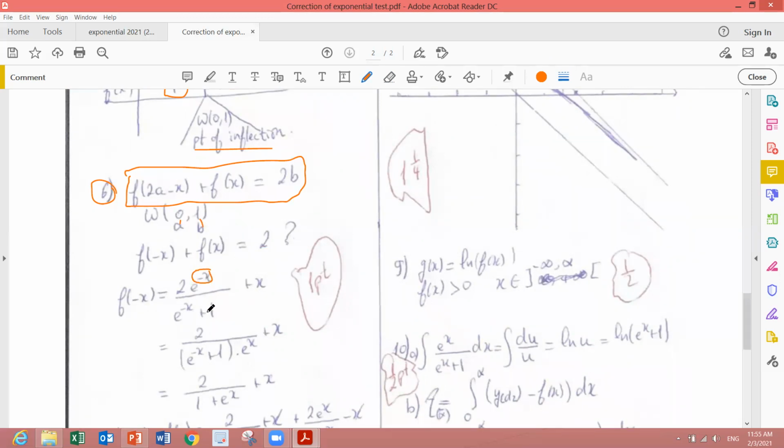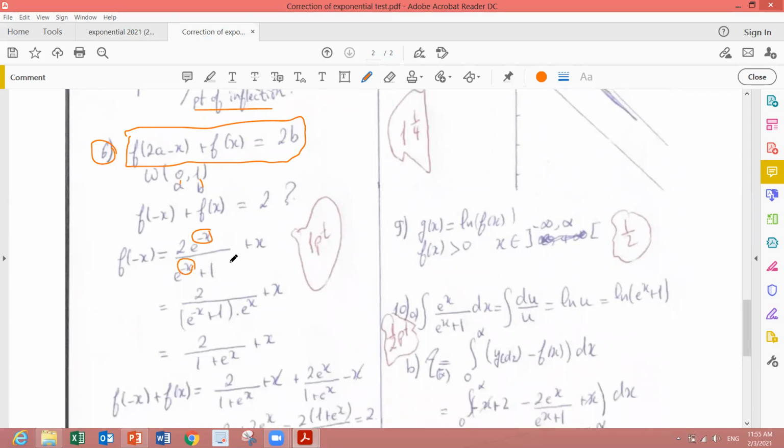It will be e to the minus x over e to the minus x plus 1, plus x.